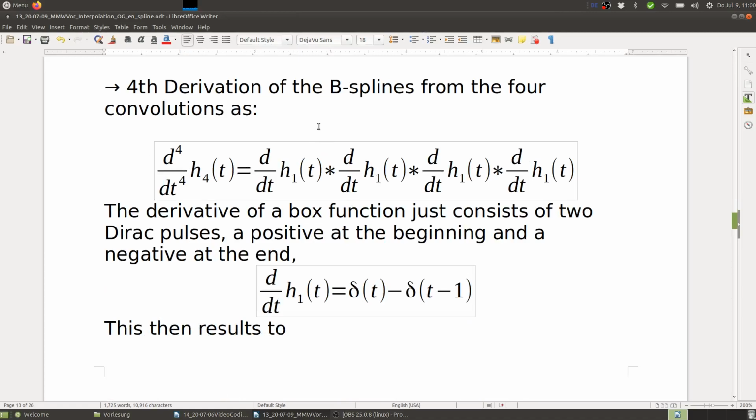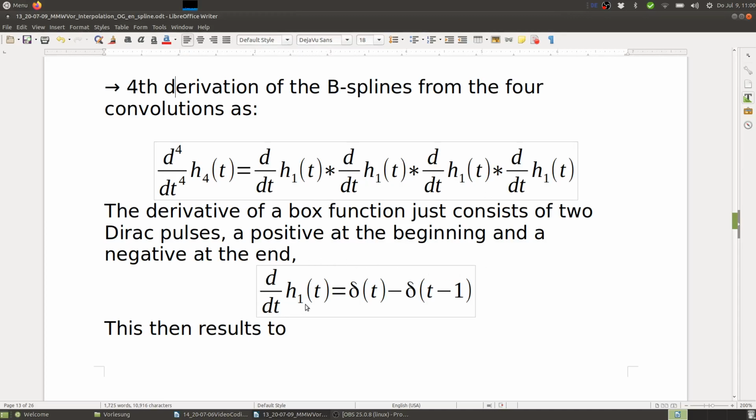Yeah, and then we can extend it to 4 times derivative. The fourth derivative of the B-spline from our convolution is then this. Remember, our B-spline H4 is 4 times convolution of the box function, and if you take the fourth derivative, you can basically distribute the derivatives over all the box functions, and then we have just derivatives of the box function convolved 4 times with itself.